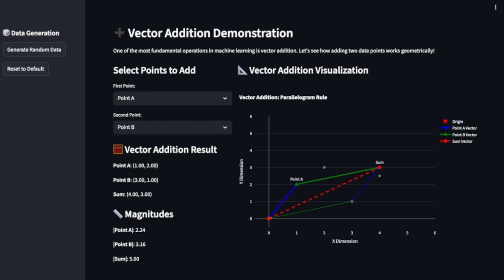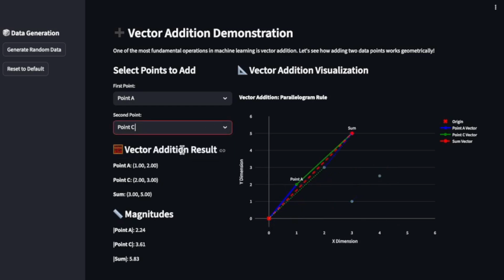Here we're showing that if we add points A and B, we basically just move the line from point B to start where A ends. And then we end up with that sum. So the red dashed line is what you end up with. Because these two vectors are pointed in roughly a similar direction, you can see how it really extends the length of the vector. So it amplifies that magnitude and is going mostly in the same direction.